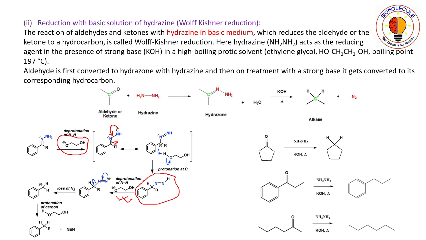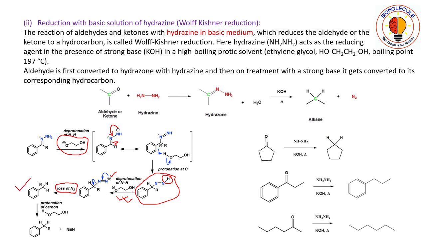Further, this conjugate base again deprotonates the remaining hydrogen from the nitrogen atom to give you again a negative charge over nitrogen. Now the negative charge will form a nitrogen-nitrogen triple bond, that is N2. N2 gas will get released, and this carbon-nitrogen single bond will break to give you this carbanion.